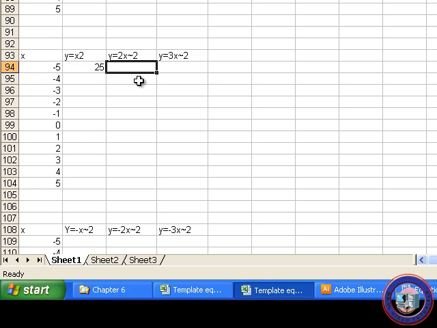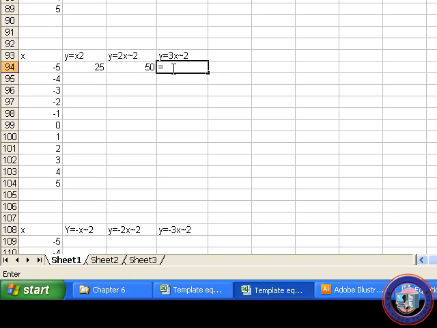That's 25. This one would be equals 2 times the x value, the roof squared, enter.